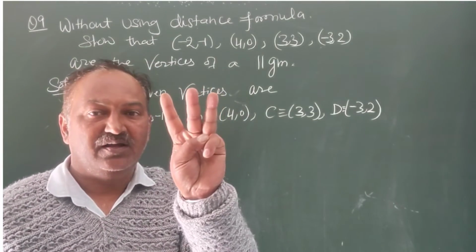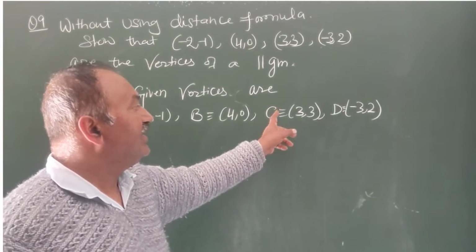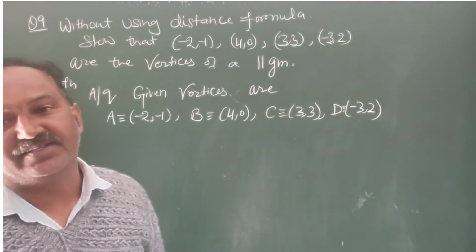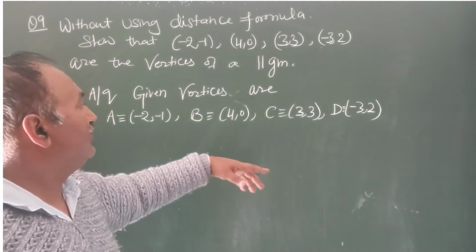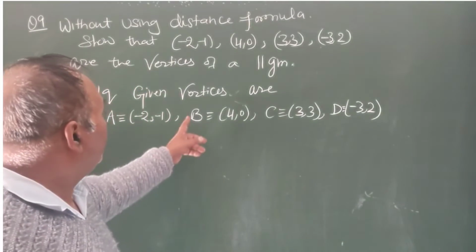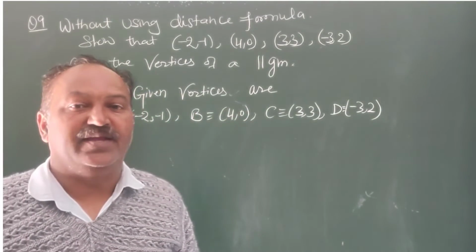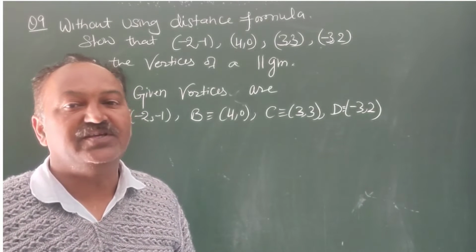First of all, AB, BC, CD and AD distances. AB must be equal to CD and BC must be equal to AD. Opposite sides must be equal.